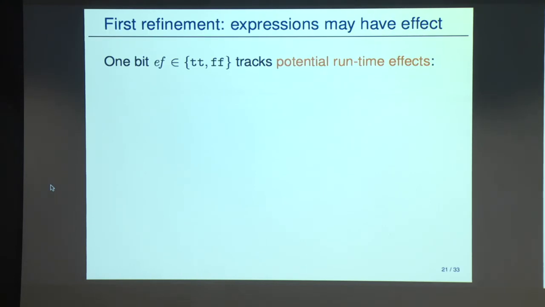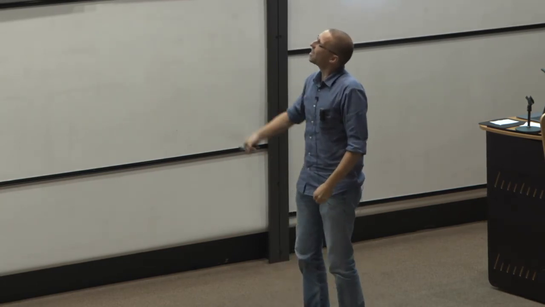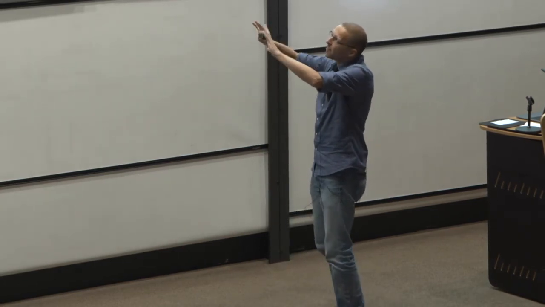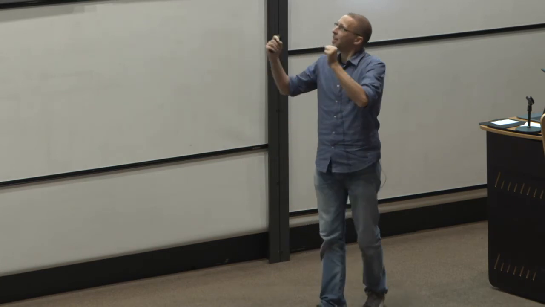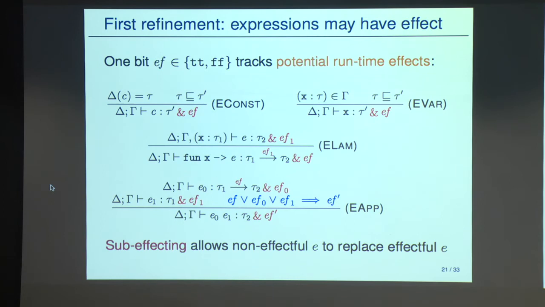Okay, let's go simple. I'll go with one extra bit in the type system. I'll extend it to a type and effect system, so I'll go crazy. I'll add 1 bit. And the 1 bit says, well, when evaluating this sub-expression, it may have a runtime effect. So literals here, they may have an effect. Variables, when you evaluate them, they may have an effect.